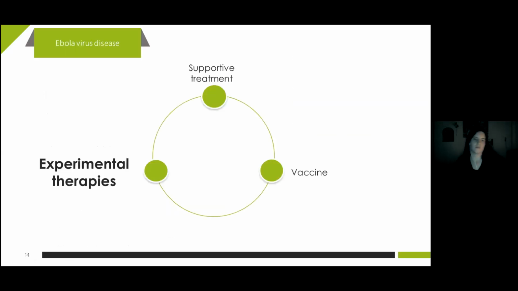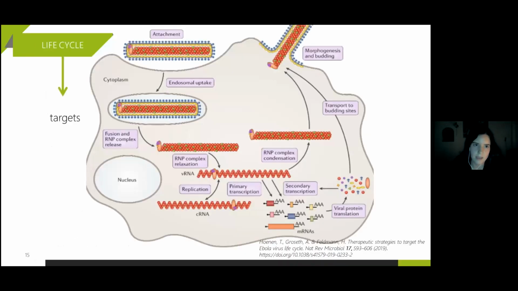So now to a very important part, the experimental therapies. The basis of the experimental therapies when it comes to viruses in general is usually guided by the steps of the viral cycle. And usually key steps are the ones that call for the design of the inhibitor or anything that we want to use as an antiviral strategy.